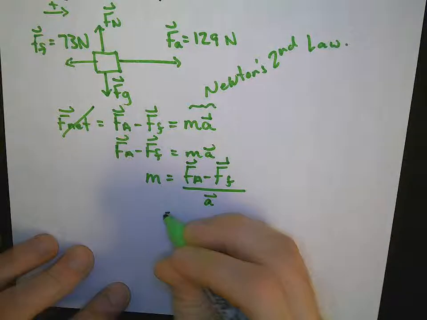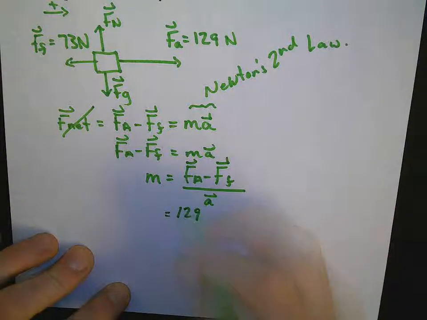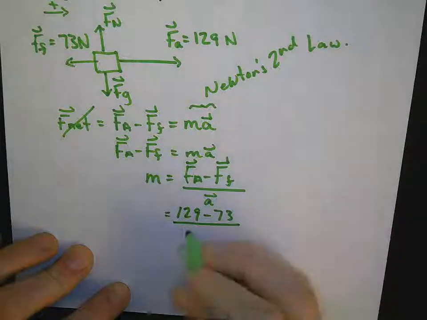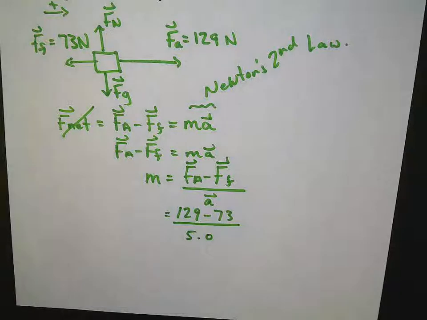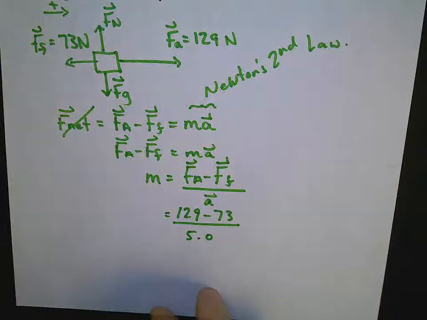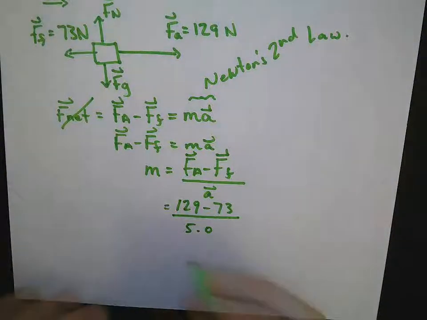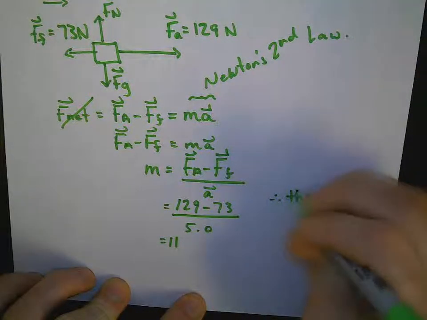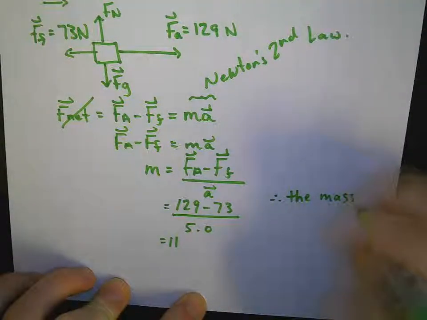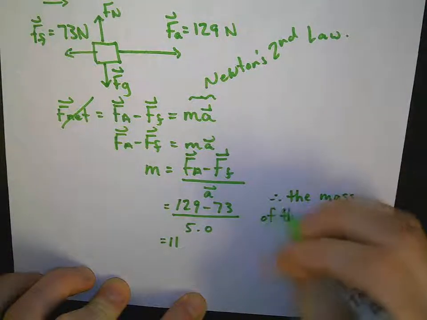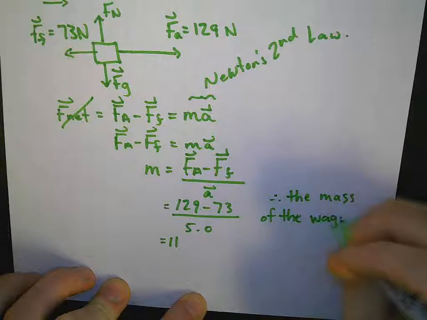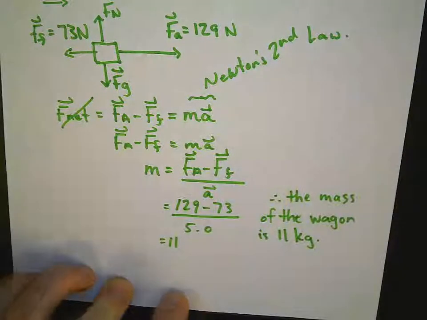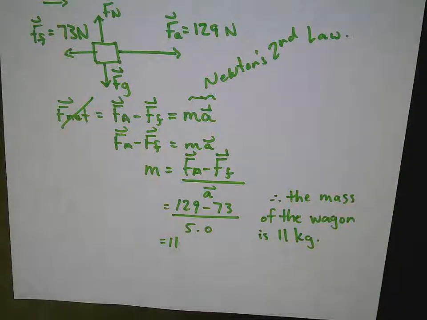So therefore, we'll take 129, subtract 73, and divide by our acceleration of 5.0, which is 11. So therefore, the mass of the wagon is 11 kilograms. And remember that our SI unit for mass is the kilogram.